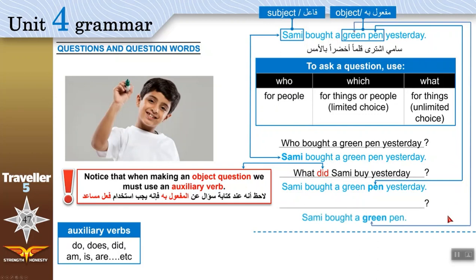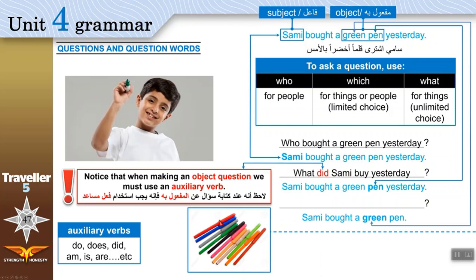Let's continue. Let's ask another question, but this time I know that Sammy went to the store and he bought a pen, but I want to know the color of the pen. The number of choices this time is limited, because I know he bought a pen, but I want to know which pen.